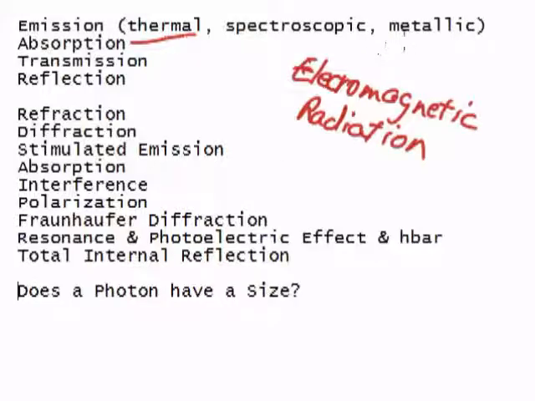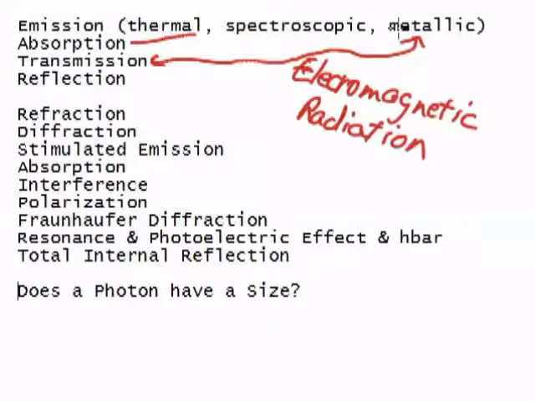And the third type of emission I talked about was metallic. Maybe a better word for this would be radio transmission. I kind of think maybe transmission should be used here, but transmission could just mean any passage of light through space.